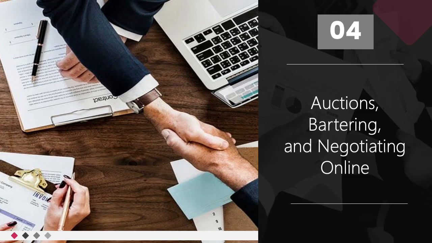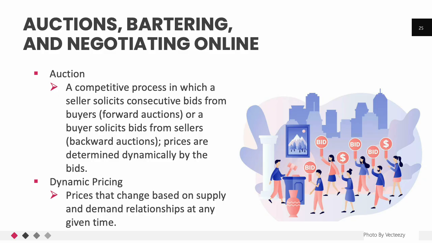All right, the next one we're talking about is auction, bartering, and negotiation online. It's very interesting. Now let's talk about online auctions. How does bidding work? What happens is, when it comes to the seller's game, the buyers compete to bid up the price.